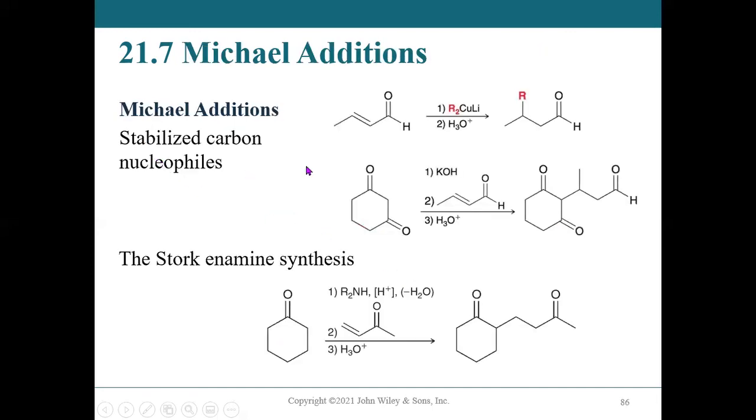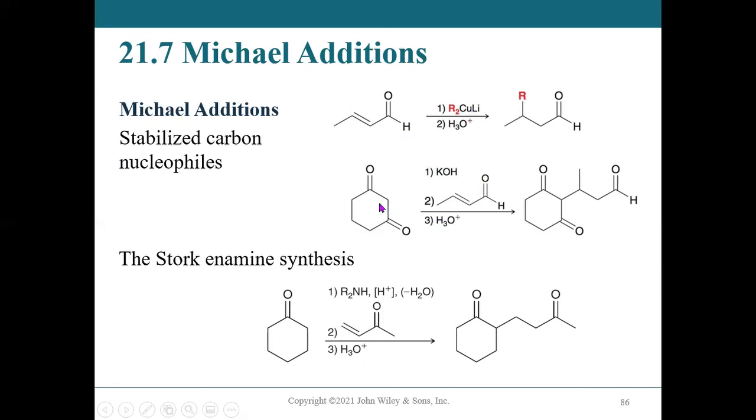Michael addition, stabilized carbon nucleophile, so we can see the Michael addition like that. So we can use those Gilman reagents and add the R onto the beta carbon, and we can also use the so-called Michael donor, Michael acceptor.